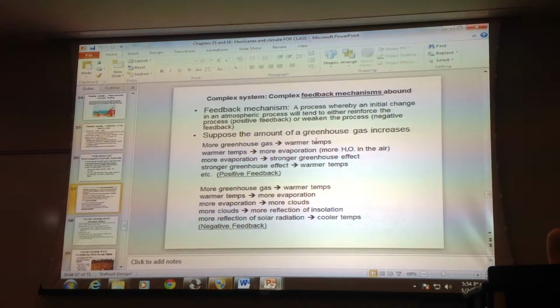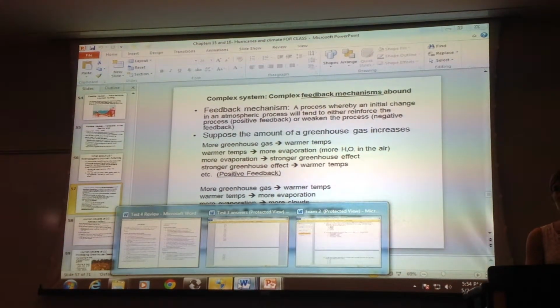So that's a positive feedback mechanism. A negative feedback mechanism would be that more greenhouse gases means warmer temperatures means more evaporation means more clouds. More clouds actually reflect more radiation, which cools the surface temperature, so that's a negative feedback mechanism. Do you understand the difference between those? Okay.